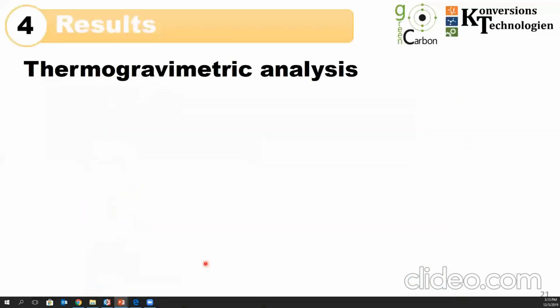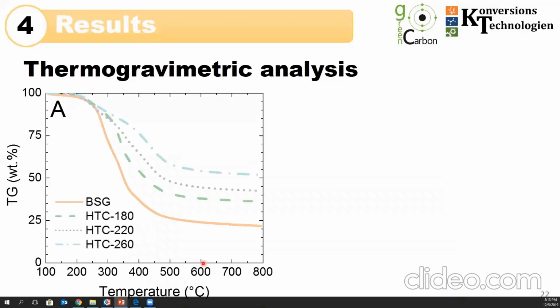And then I would like to present some results. First of all, thermogravimetric analysis of the char. I produced 3 different hydrochars from brewer spent grains at different temperatures, and then these materials were analyzed using TGA. As you can see, the orange line corresponds to the raw brewer spent grains, and we can observe that the pyrolysis yield was the lowest for this material.